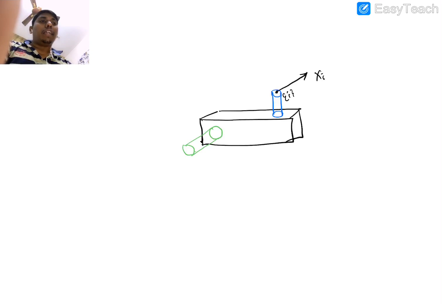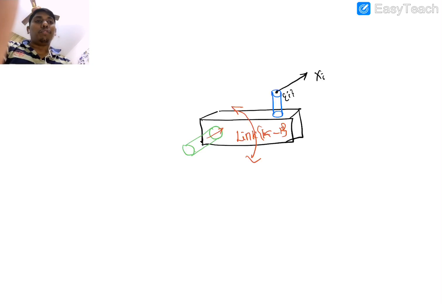Okay, and now what we know as per the coordinate basis, this is the rotation. So the link k minus 1 is rotated like this. And this is the joint axis. About this joint axis it can translate like this to and fro, or it is rotated.